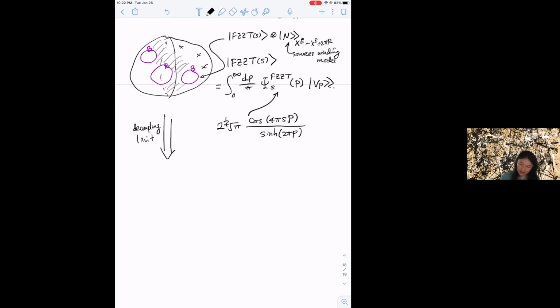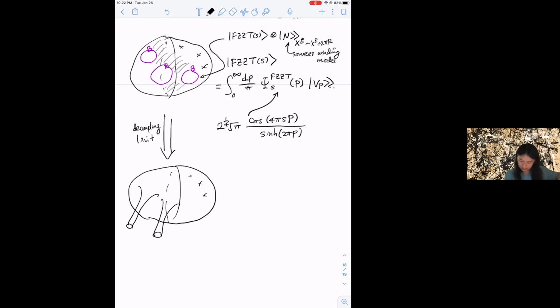So you might naively expect that a priori you have to integrate over the moduli space of these Riemann surfaces with all these holes, which is quite complicated. But in the limit of interest, each of these holes should kind of shrink. And you just have the closed string sourced by the FZT brane that's approximately on shell that enters this worldsheet diagram.